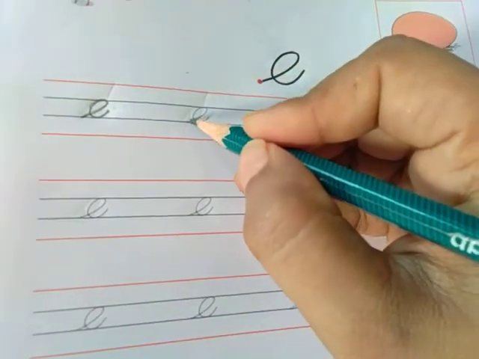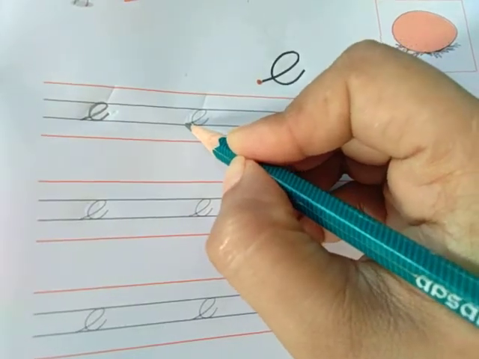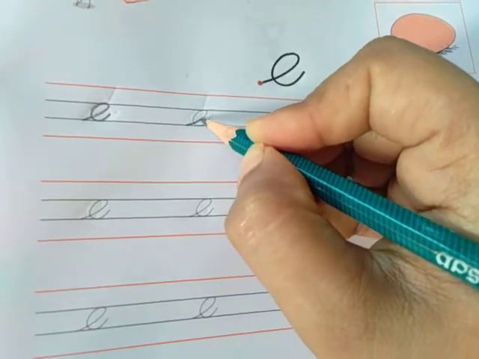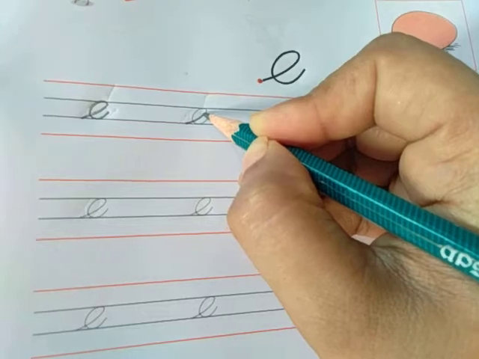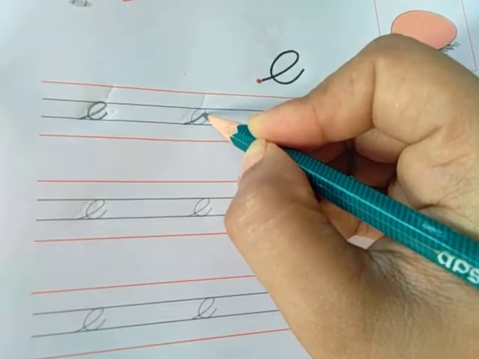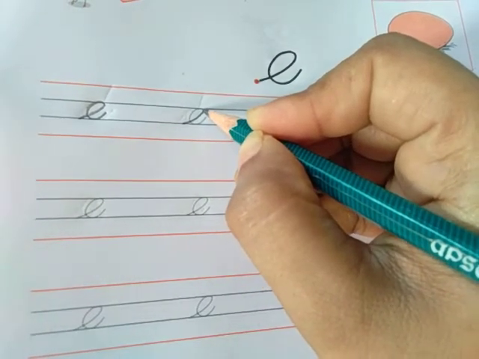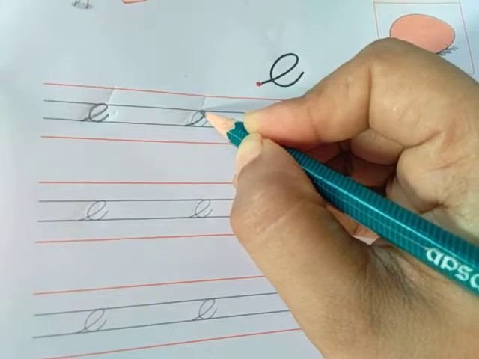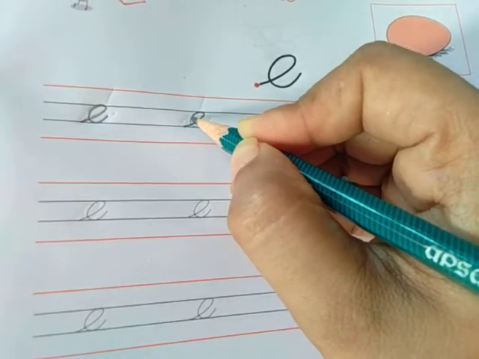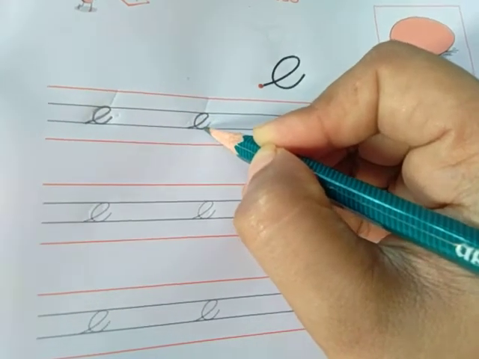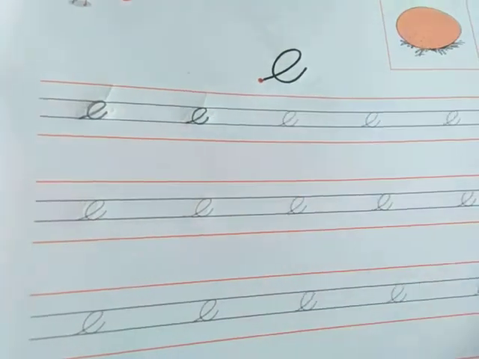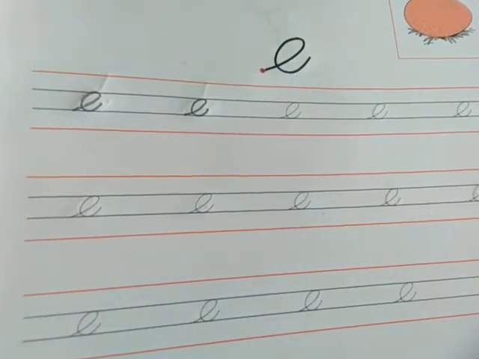So from here start, come up to here, stop, don't touch the second line, here we will form a curve, and then the curve is just like the one you make for C. It's really very easy.